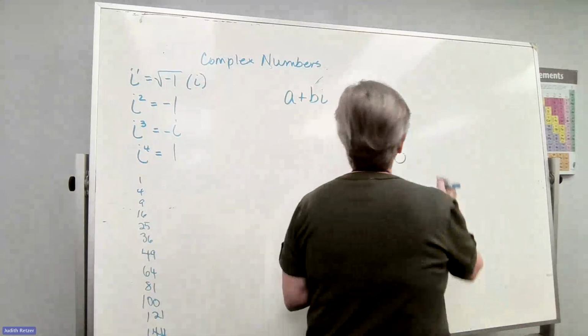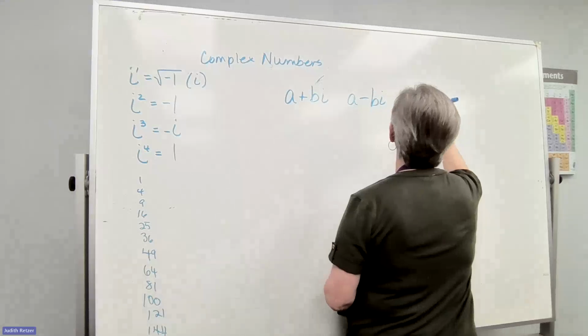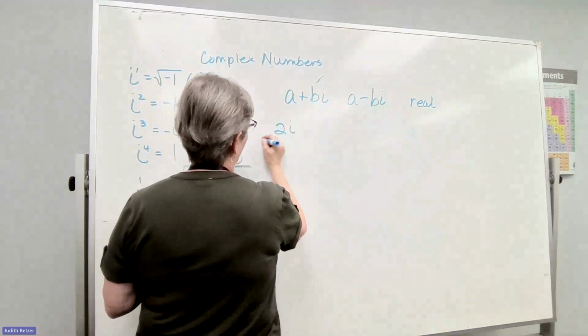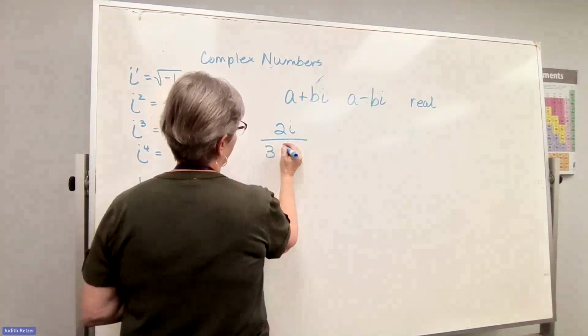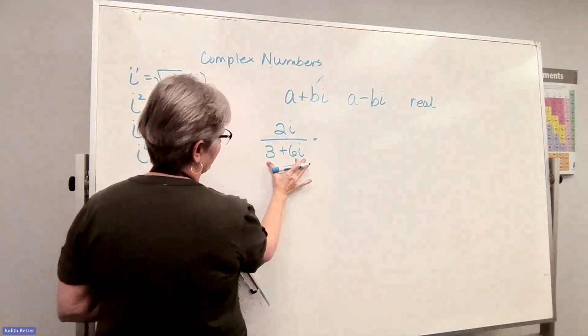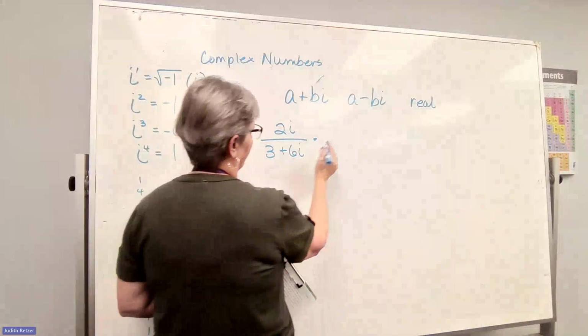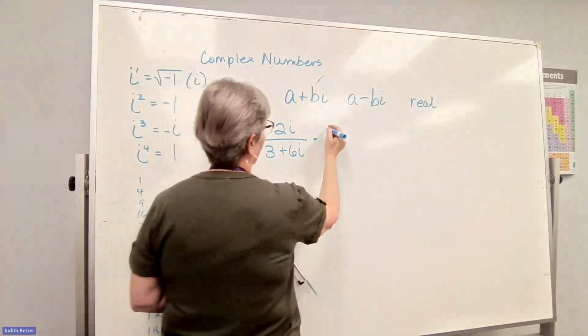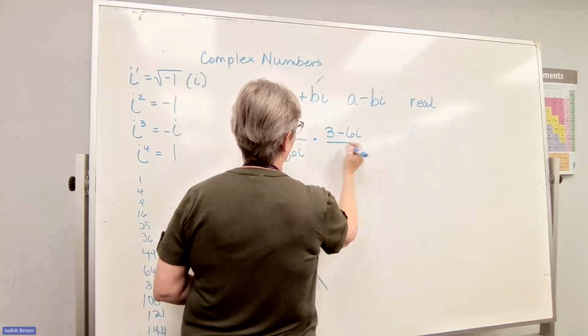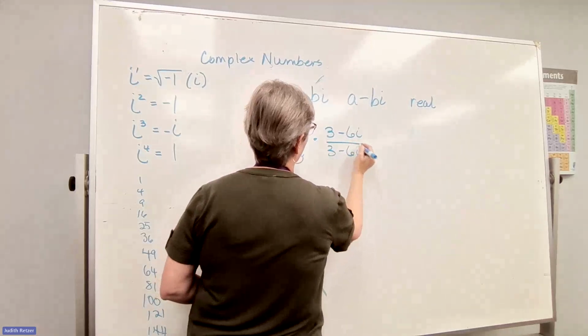Multiplying them together yields a real number. So example, 2i over 3 plus 6i. I want the conjugate of this so I can get rid of that complex number in the denominator. So I'm going to put a 3 minus 6i over a 3 minus 6i.